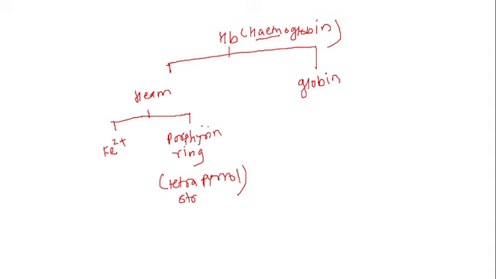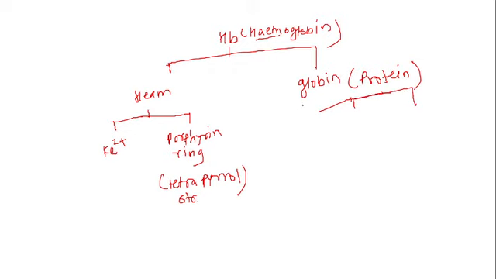Heme contains Fe2 plus and the porphyrin ring, which is nothing but the tetrapyrrole structure. Next is globin. Globin is nothing but the protein part. This hemoglobin contains two types of protein.